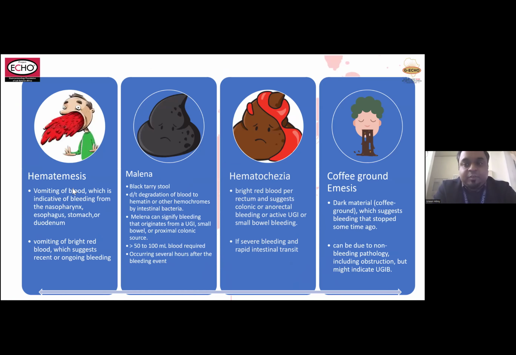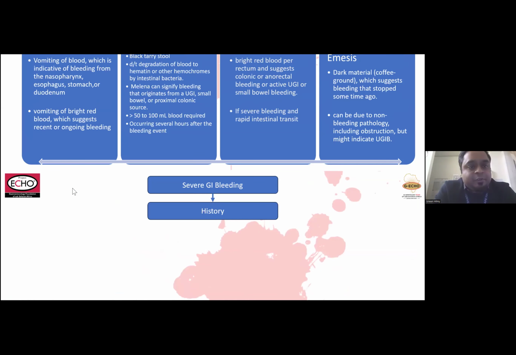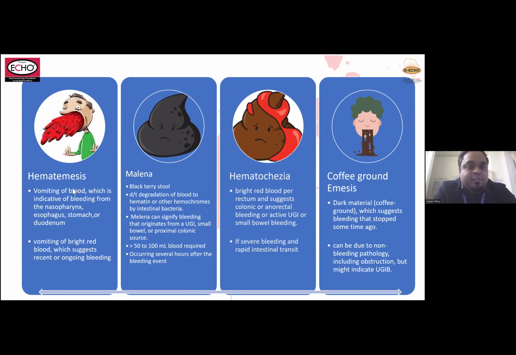So usually the patient presents with hematemesis or coffee ground emesis or melena or hematochezia. Hematemesis basically means vomiting of blood, which is indicative of bleeding, but it could be from the nasopharynx, esophagus, stomach, or the duodenum. And usually this is bright red, and it suggests that there has been a recent or ongoing bleeding.